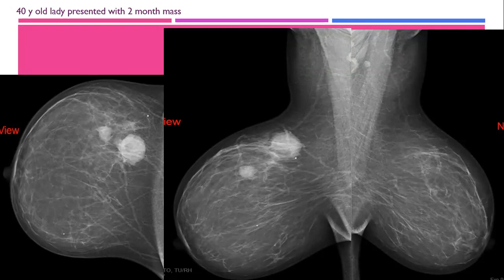The largest one has a well-defined circumscribed, partially obscured border. No associated skin thickening or calcification.